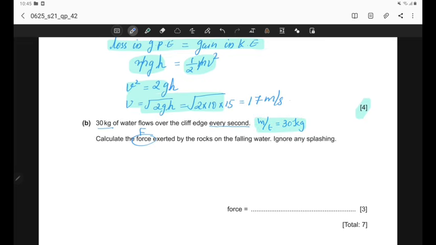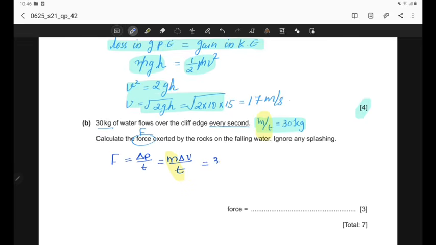We can use the equation force is rate of change of momentum, that is mass times change in velocity over time. So mass over time is already given, that is 30 kg per second.